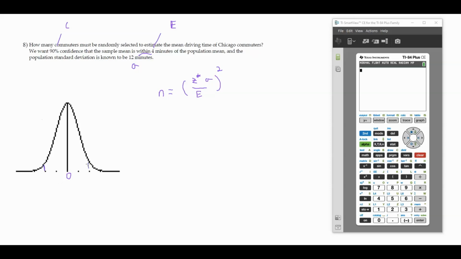So what I want in the Z are these limits, and Z star is really the absolute value, so we don't care about the negative. I'm going to use the positive value that I get from this process. And I want the area between them to be 0.9.